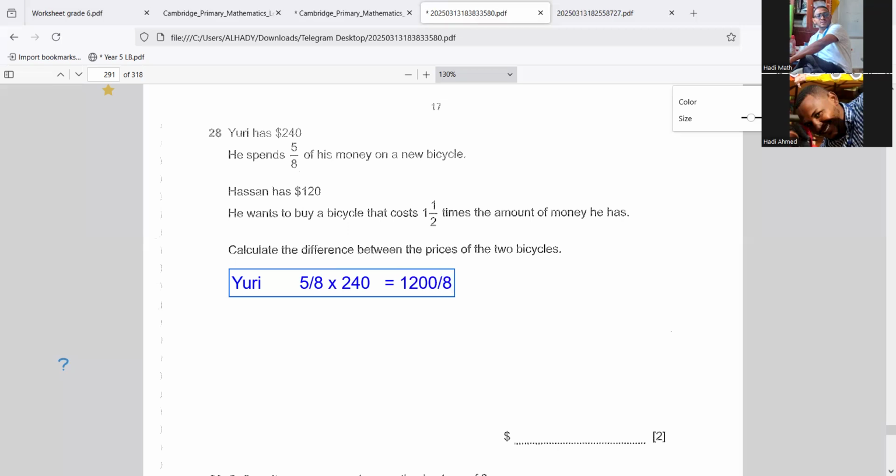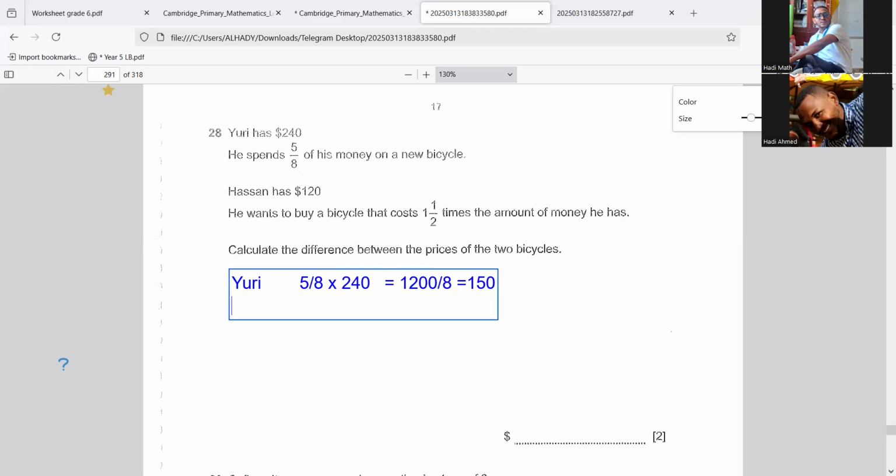You divide 12 by 8, which is 1 remainder 4. This 4, you put the 0, it's going to be 40 divided by 8 is 5, and then 0 divided by 8 is 0.